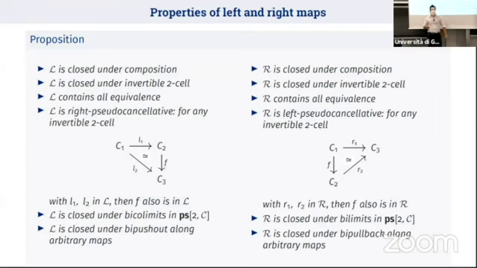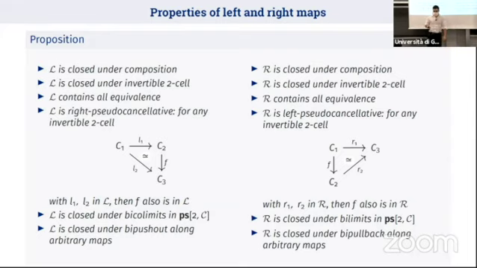Bifactorization systems enjoy properties that just categorify the properties of factorization systems in the one-categorical setting. For instance, both classes are closed under composition, and so they contain equivalences, and equivalences are the maps that are in both classes.